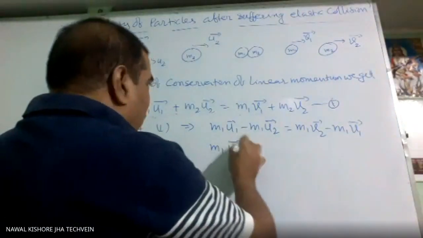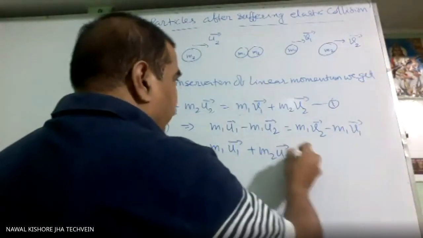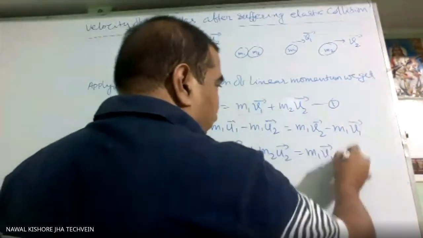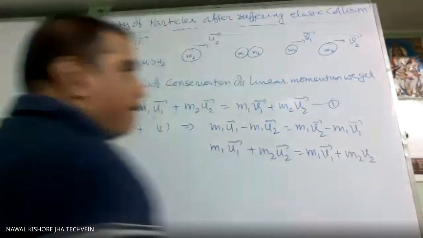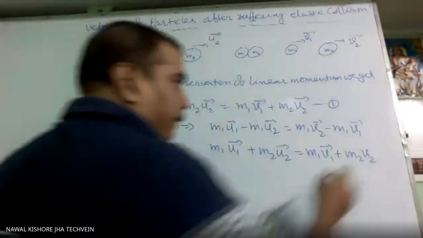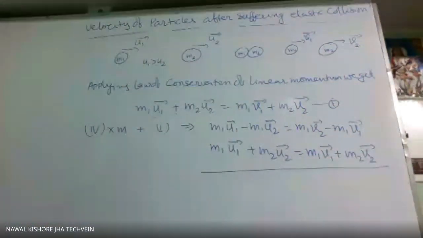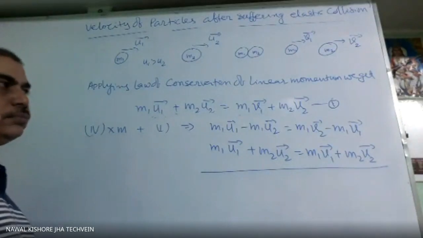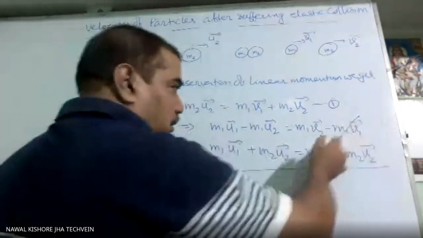M1 U1 plus M2 U2 equal to M1 V1 plus M2 V2. We are adding these two. This is cancelled.